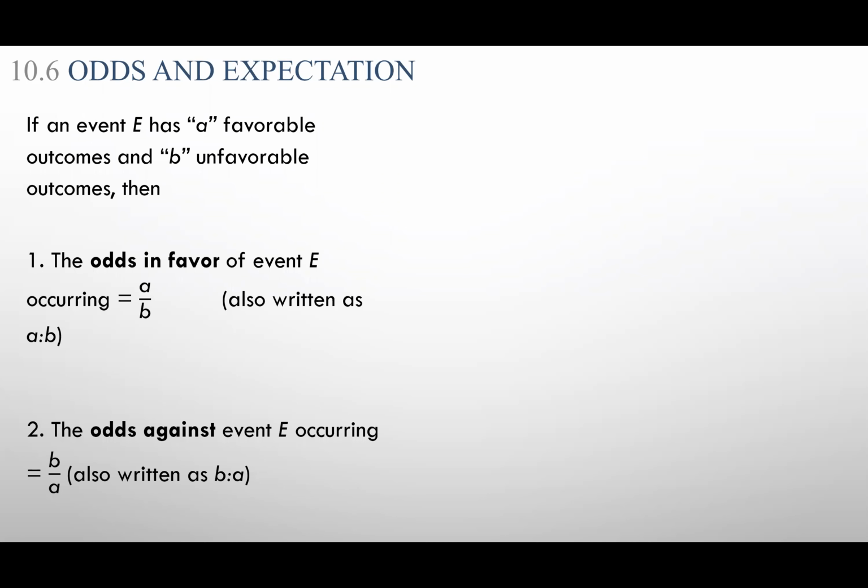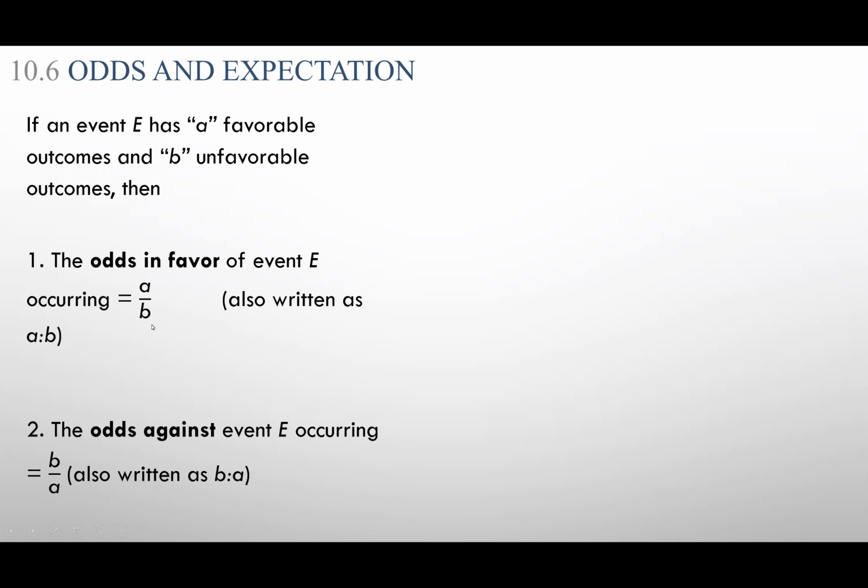They will ask you for two items: A, find the odds in favor of the event, and B, find the odds against the event. All you need to do to find the odds in favor of the event is find what you have, A, over B, the item you don't have.